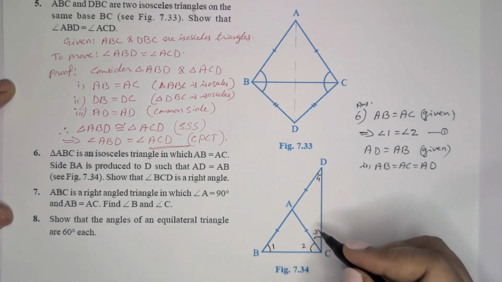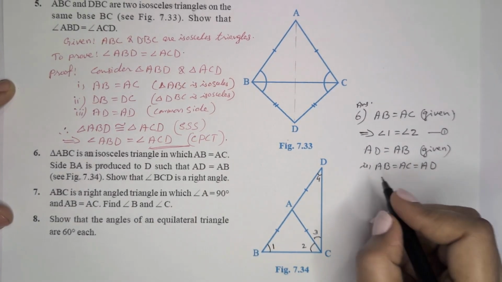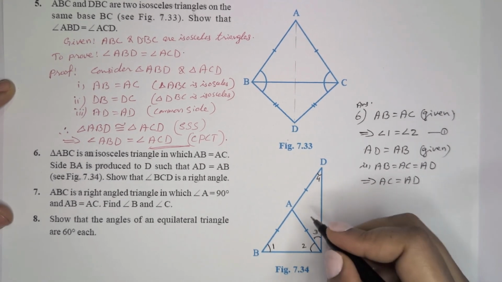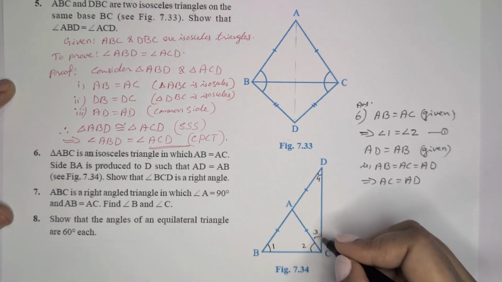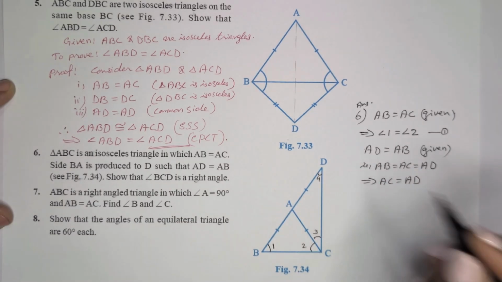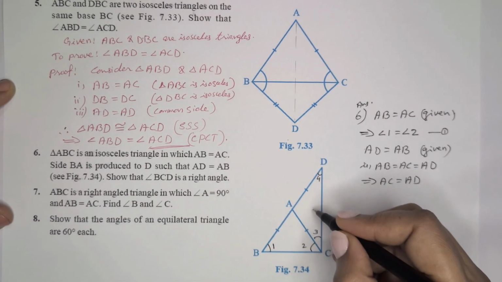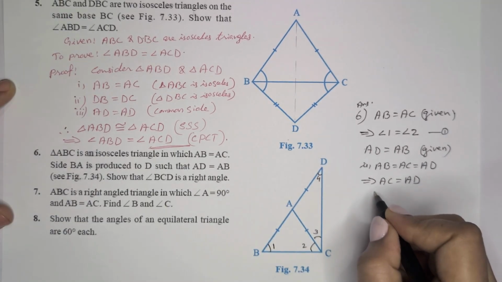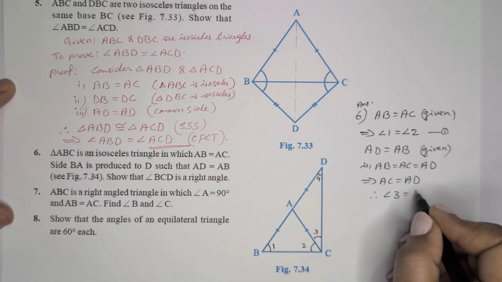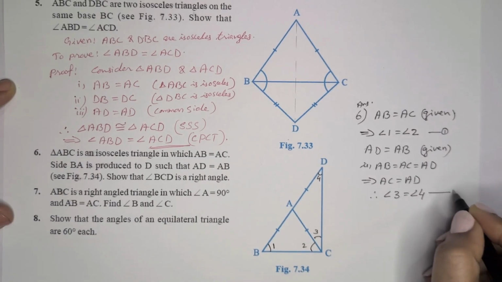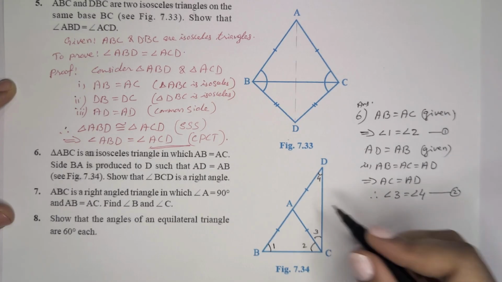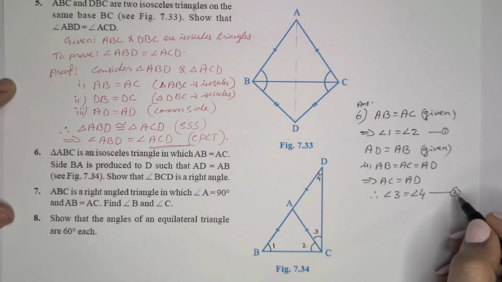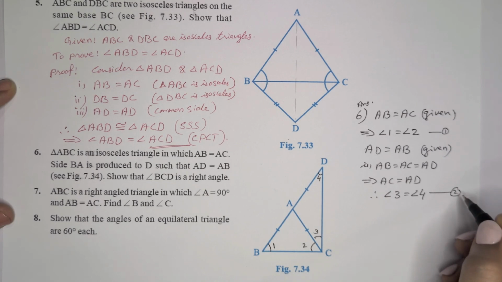From that we can take AC is equal to AD. If AC is equal to AD, then angle 3 is equal to angle 4, base angles. In this triangle, AC is equal to AD, which means its base angles are equal. Therefore, angle 3 is equal to angle 4. Angles opposite to equal sides. So that we can mark as second equation.